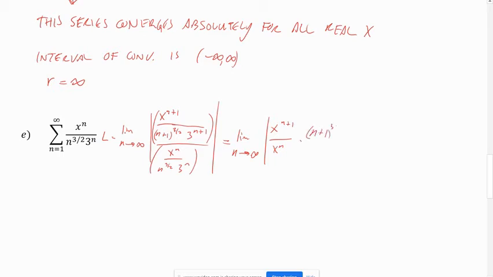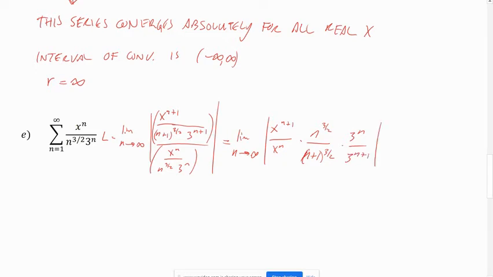And actually that's the other way around. The n to the 3 halves goes to the top. n plus 1 to the 3 halves is on the bottom. And then 3 to the n goes on top of 3 to the n plus 1.